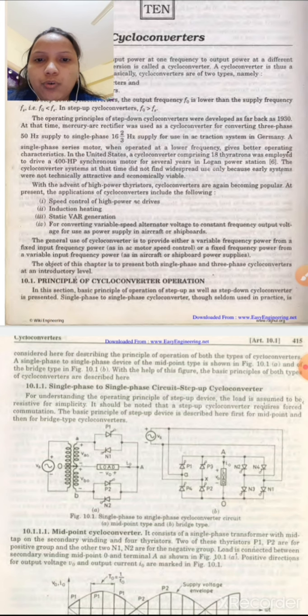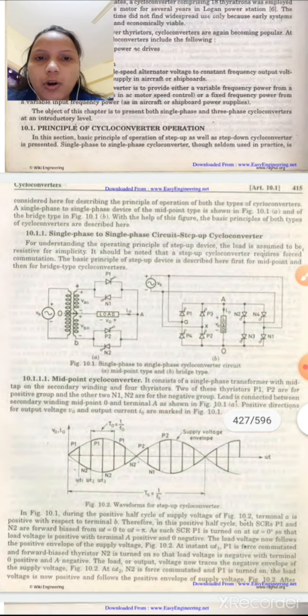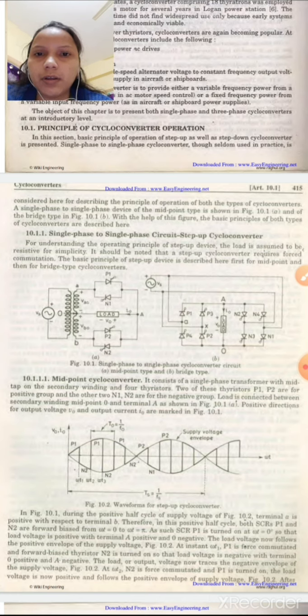Next we switch to the principle of cycloconverter operation. We study the basic principle of step up and step down cycloconverter by considering a single phase to single phase cycloconverter.